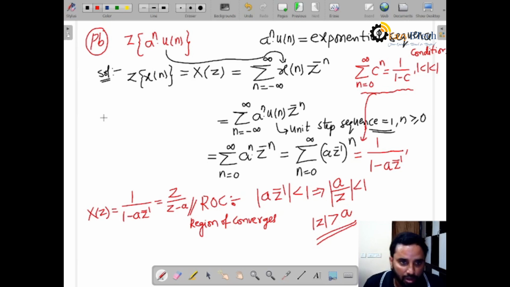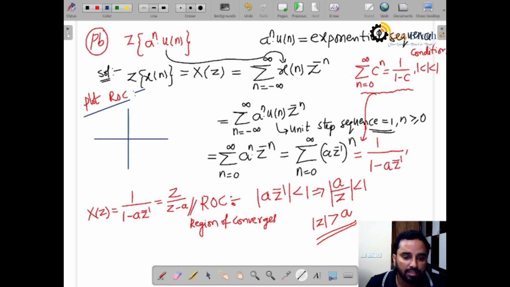We have to show and plot the ROC also. How to plot ROC? We need to take the z plane, which contains the real axis and the imaginary axis.